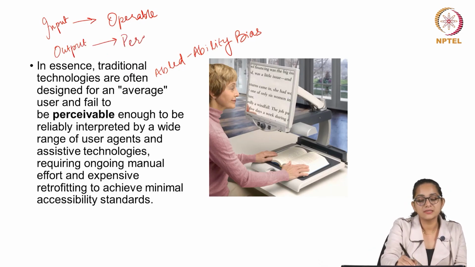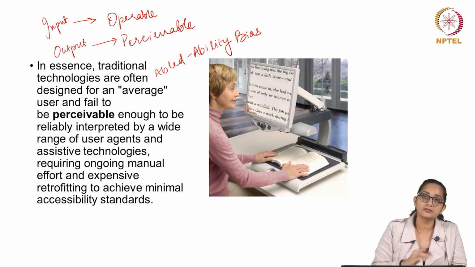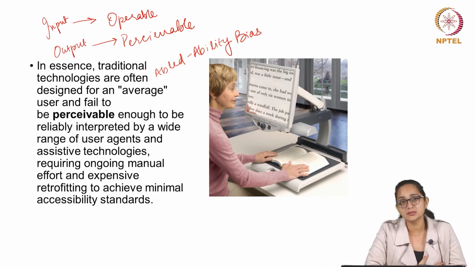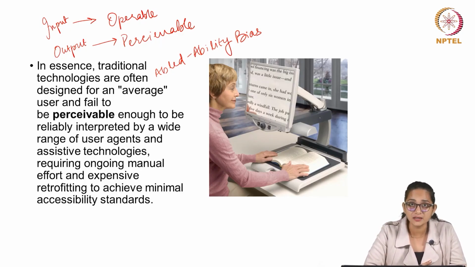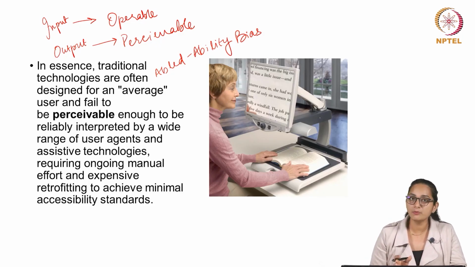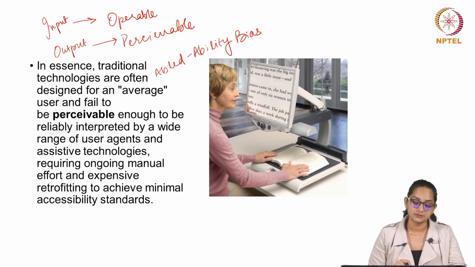Yes, it is perceivability. The perceivability aspects of the POUR principles come under the output devices. Even in the perceivability principle, we always talk about multimodal ways of presenting or communicating information to your potential user, so that the information is perceivable to them in multiple formats, and they can choose according to their sensory abilities.